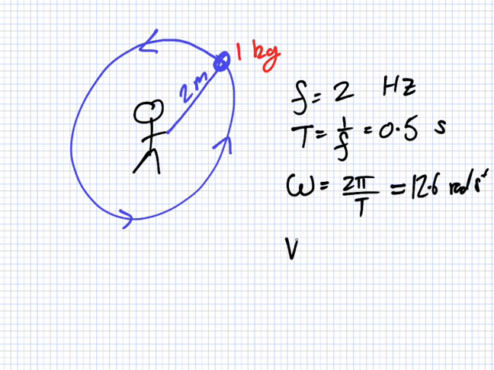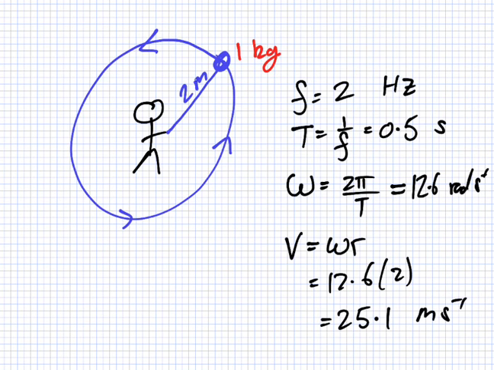So finally V, which is omega r, is 12.6 times 2, so what's that? 25.1 meters per second. So this ball is moving at 25.1 meters per second.